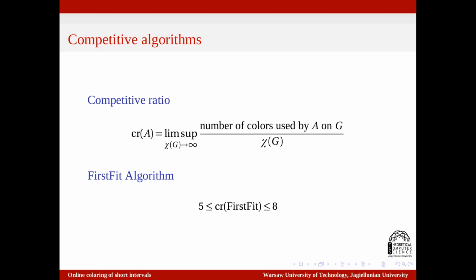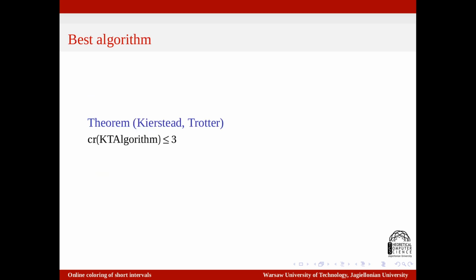So this is what we know about the first fit algorithm, and one might ask if there are other algorithms and how good they are compared to first fit. Do they have better competitive ratios? Of course, there are other algorithms, and there's a particular one by Kierstead and Trotter, and this algorithm has competitive ratio 3.